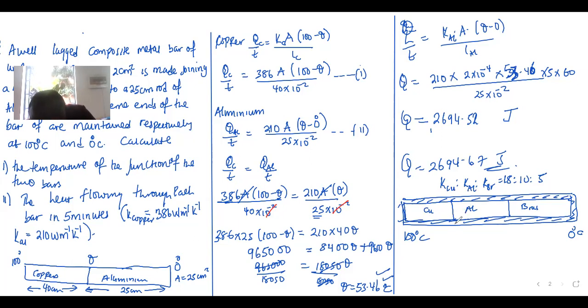So they want the temperature here, theta 1, and the temperature here, theta 2. These ones have equal length, so all this is L, L, L.